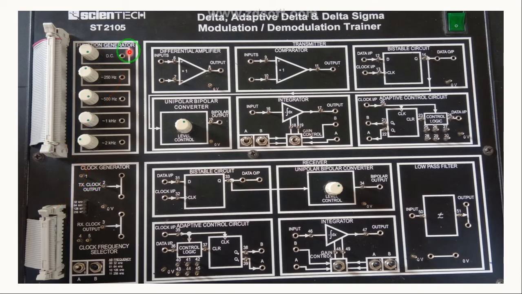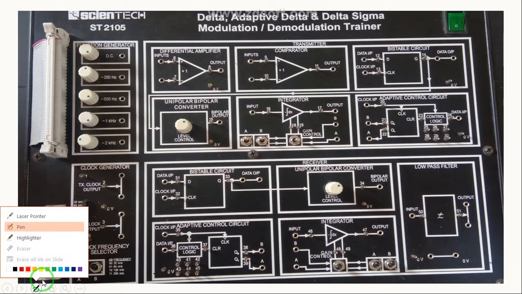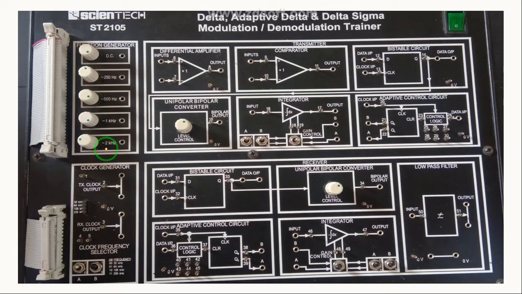Now guys, this section is your function generator. This function generator is going to produce different waves of variable amplitude at different frequencies: DC, 250 hertz, 500 hertz, 1 kilohertz, 2 kilohertz, like that.